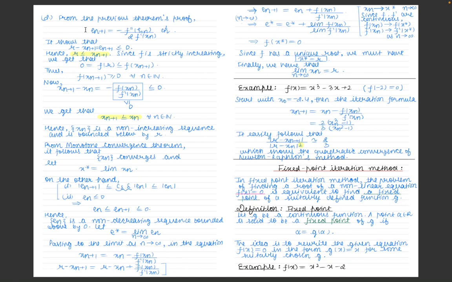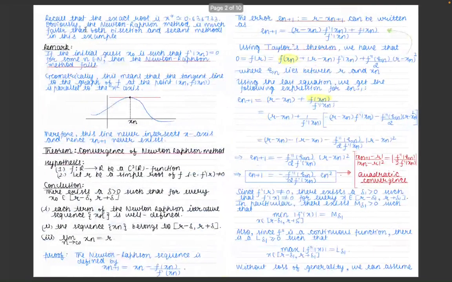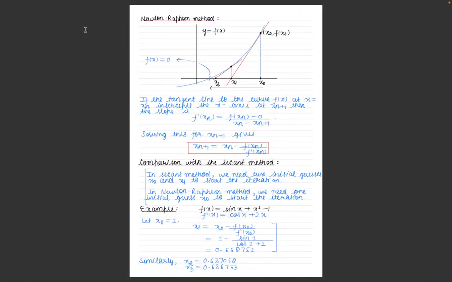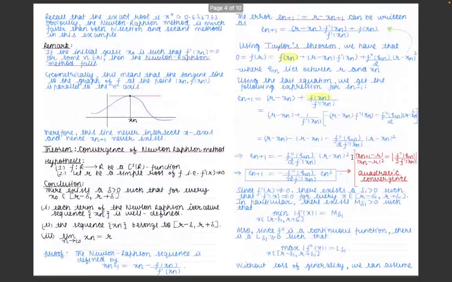So let us see. In the Newton-Raphson method, it should be noted that from this equation, I'll write just a few lines. Now what does it mean?